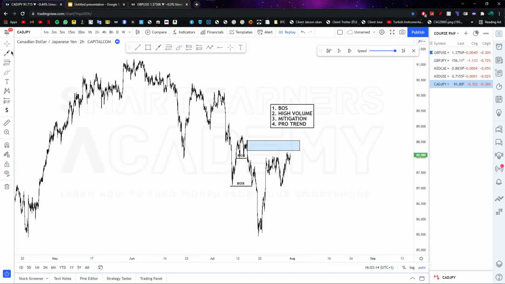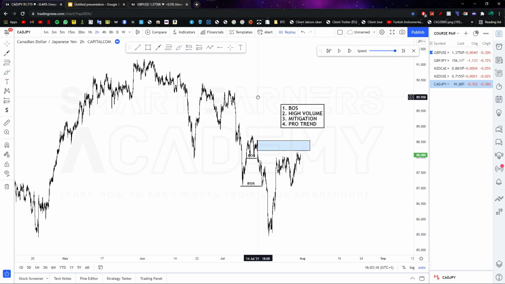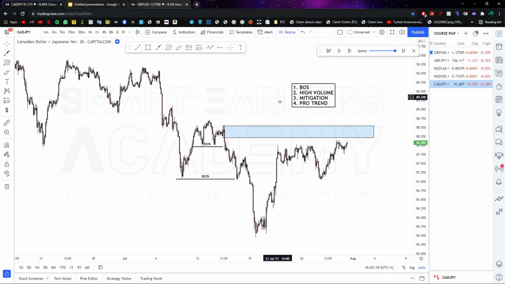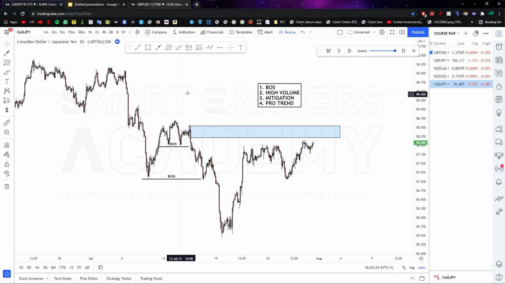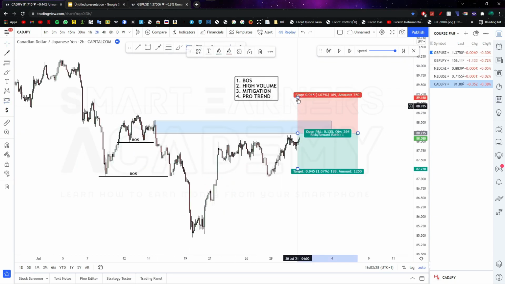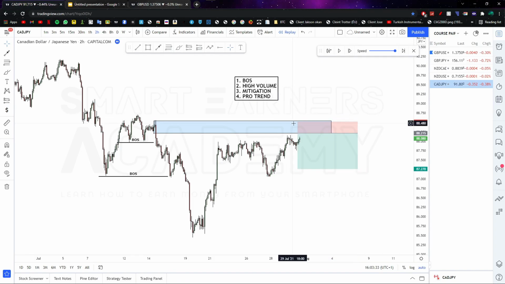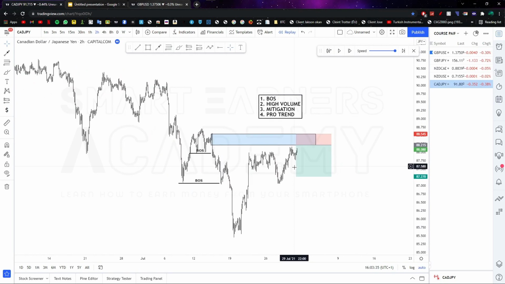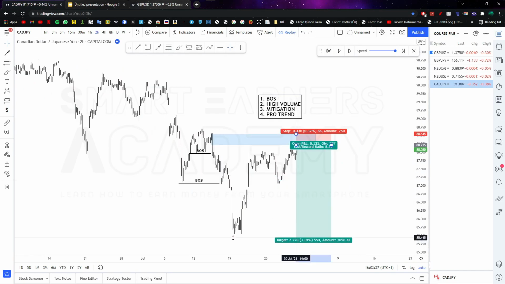So now this order block has followed all 4 of our rules, and the 3 most important ones, the first 3, it has followed all of those rules. So now this order block is one that we can trade, right? If we took an entry, which I'll show you guys in the next one, it doesn't really matter because we're not really looking for entries in this video.